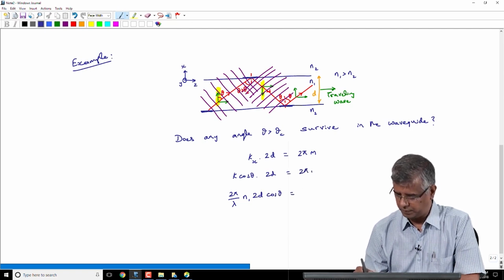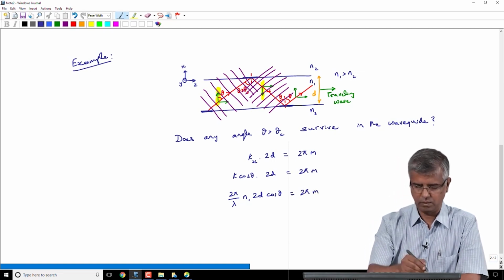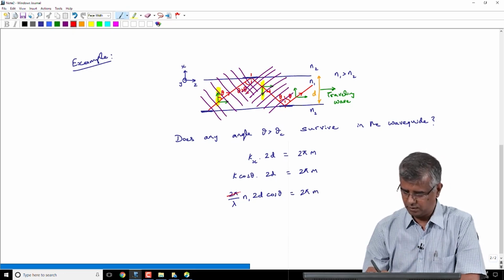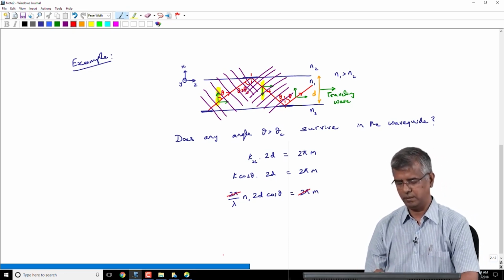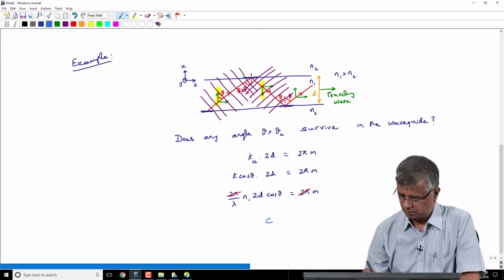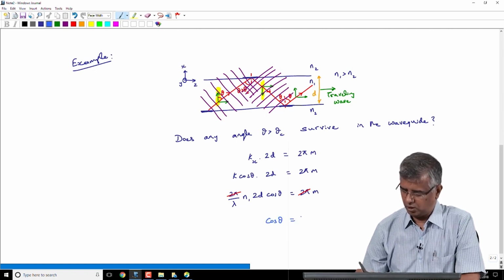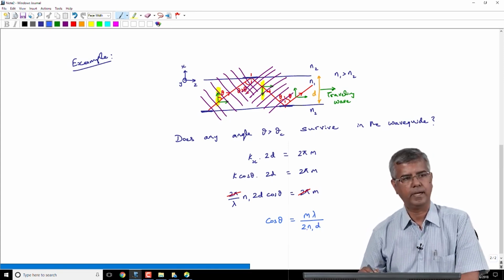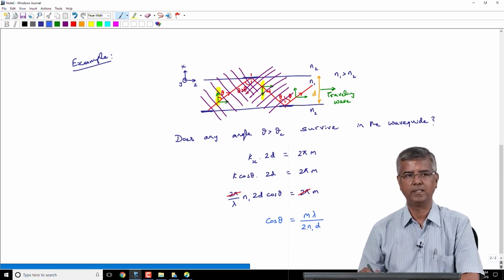So, this is equal to 2 pi m, right, and I can cancel this. So, I get this expression which says cos theta would have to be m times lambda divided by 2 times n1 times d, right. So, that has to be satisfied.